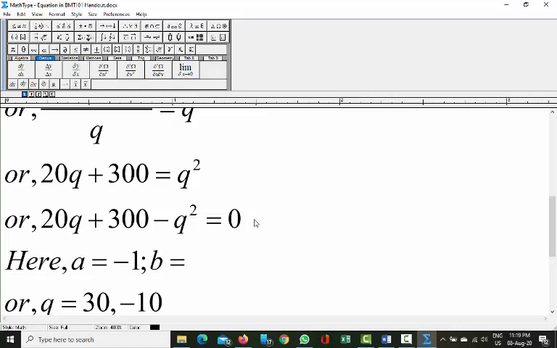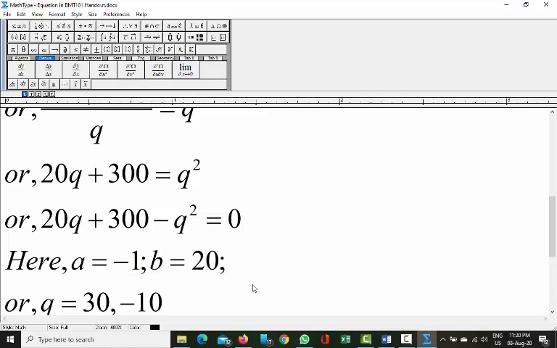That means the coefficient of the squared term, minus 1, is A. B is the coefficient of the variable without the power. So here this is B, and B is equal to 20.